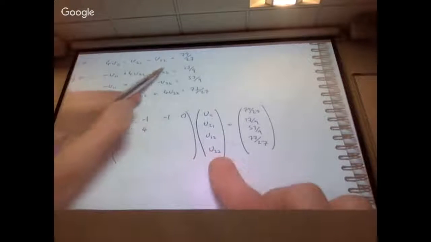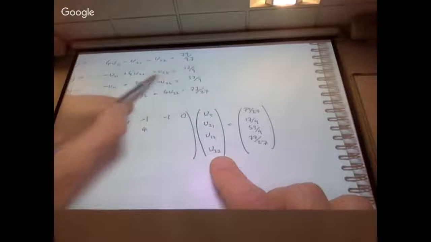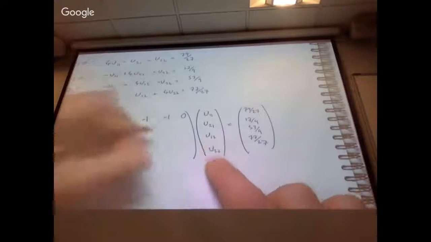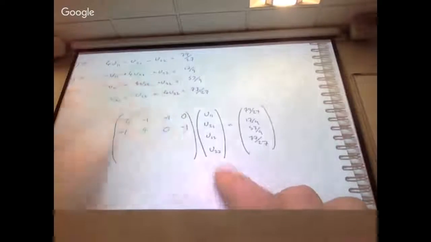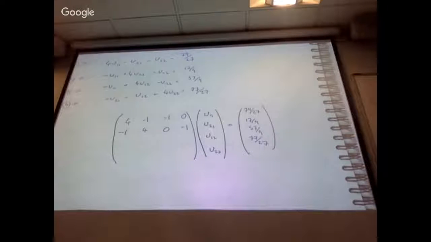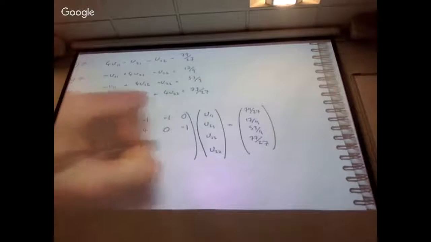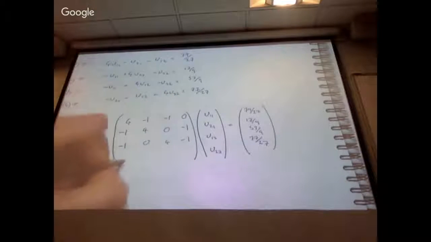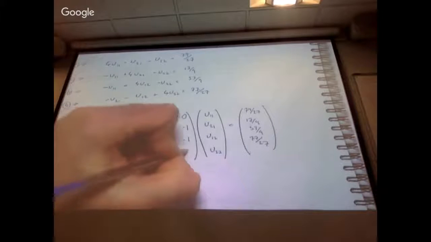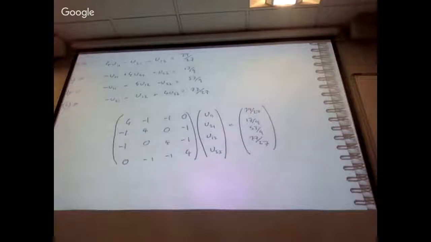I don't have any U12s here, so be careful here. So I don't have any of those. I've got minus 1 U22. I keep going, you'll notice there's a pattern. And that's the linear system.